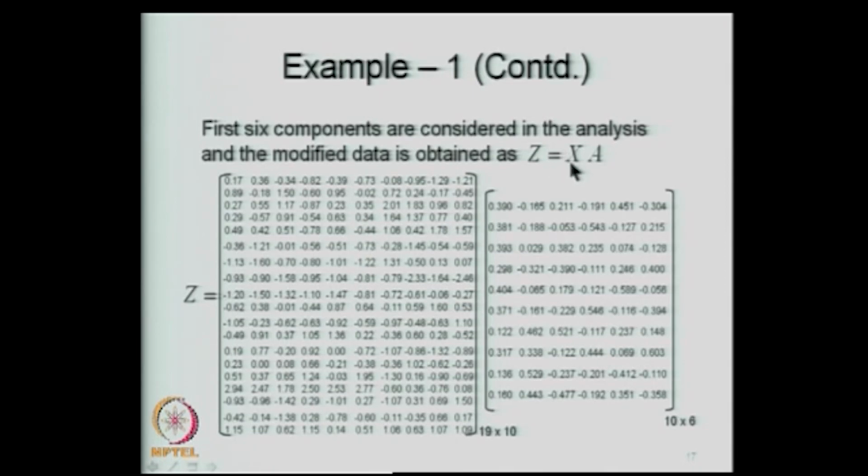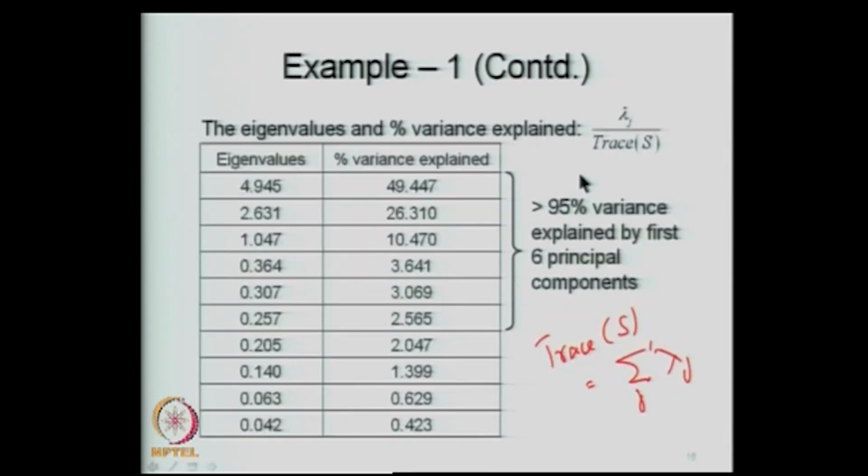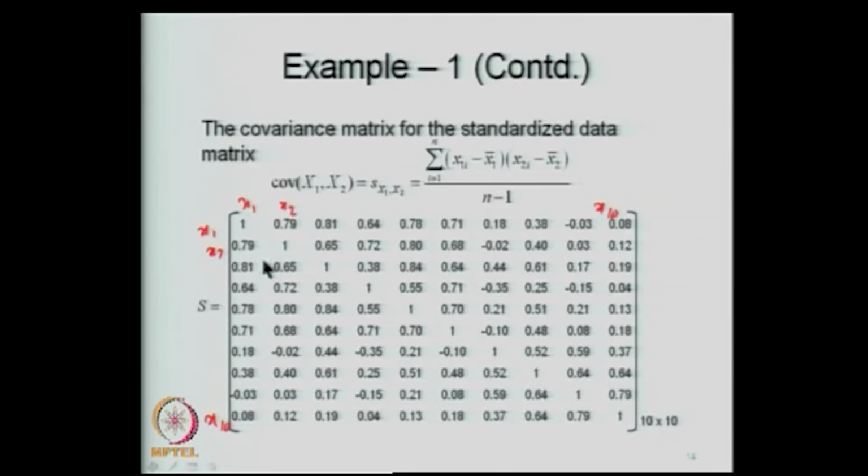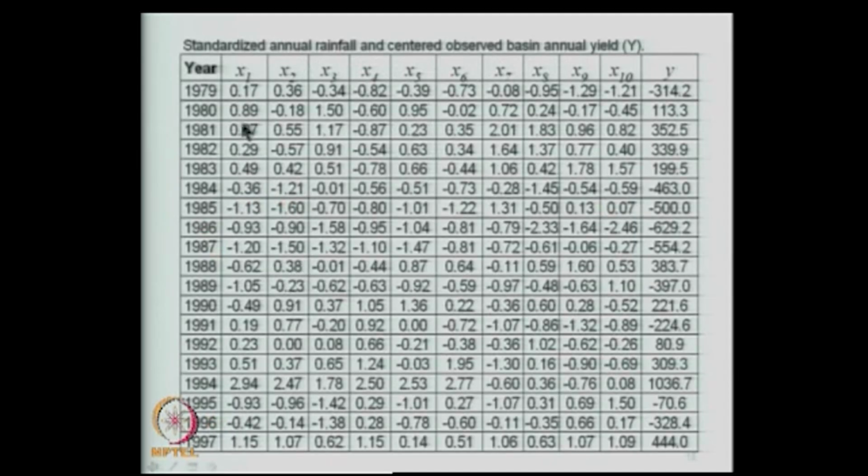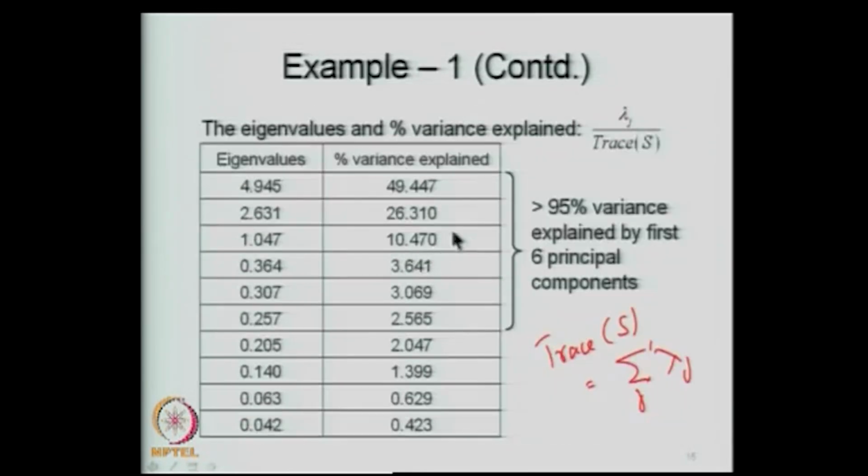By original X value, I mean it is the transformed X value, the standardized X values, such as 0.172 and minus 1.21. So, we use this entire data after standardizing, and then put the regression relationship.